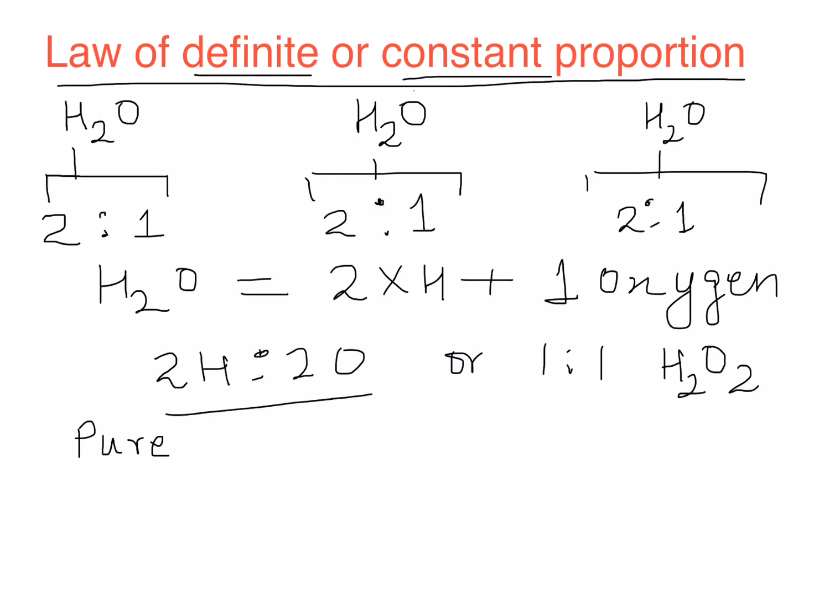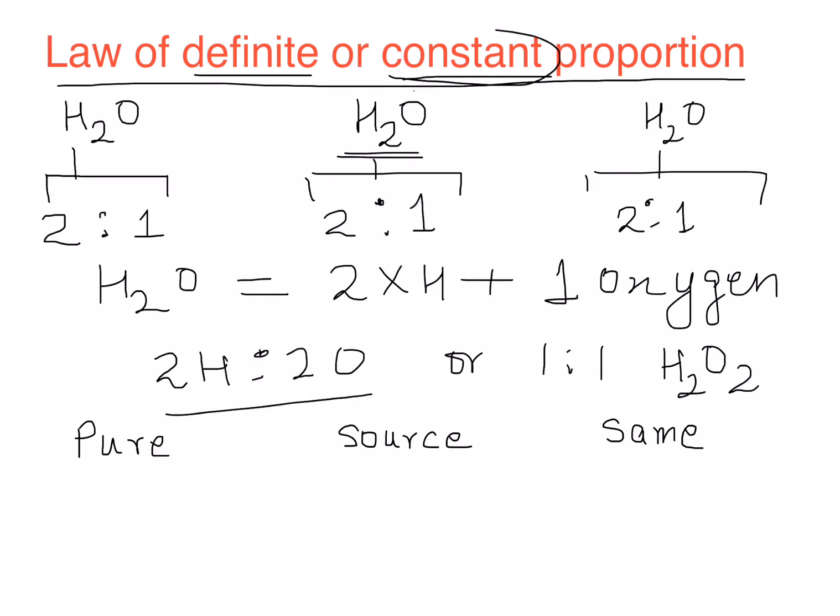irrespective of the source from which we are obtaining it, you could obtain water as part of the product of burning of hydrogen also, then the ratio of the elements that are combined together always remains the same.